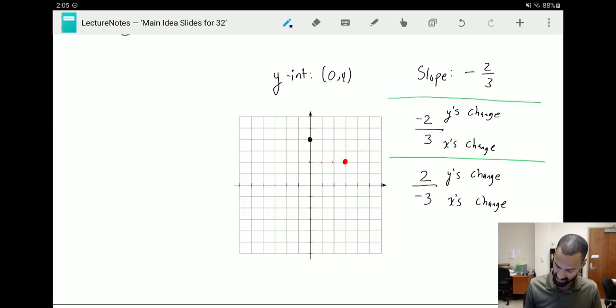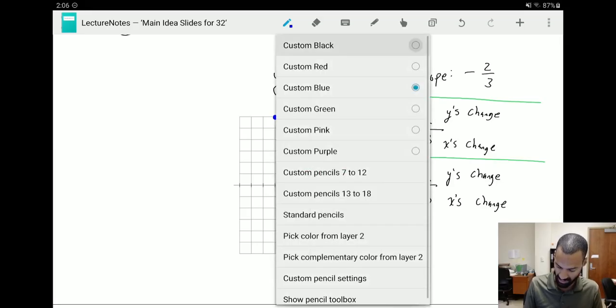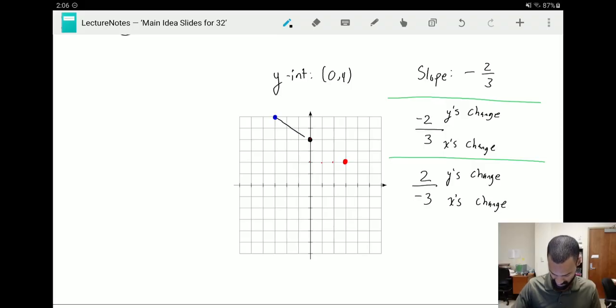So that means I could go up 2 and then left 1, 2, 3. Notice how that point is also on the same exact line. It does not matter which one of those you decide to use, where you put the negative. You'll still get the same thing. And sometimes it's useful to use one over the other. So I would recommend practicing doing both.